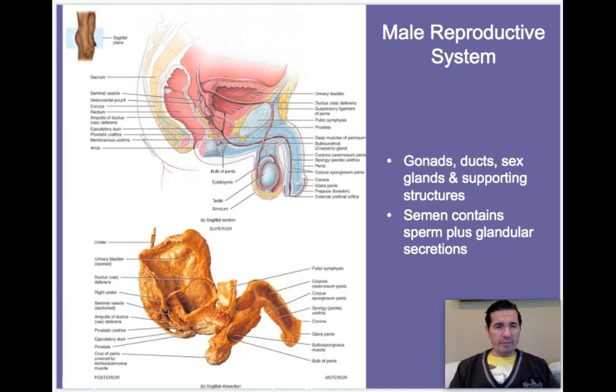Now, you might notice that we have our gonad right in this area. On the lower picture, we have a cadaver's reproductive system. So, what are we looking at? It's right in this area. That's where we produce the hormones, the testosterone, and we produce the gametes, the sperm cells.